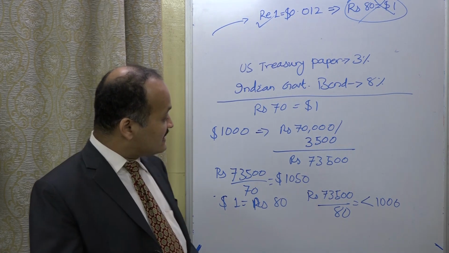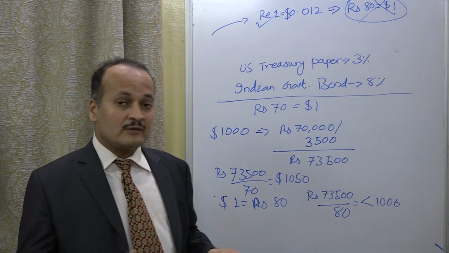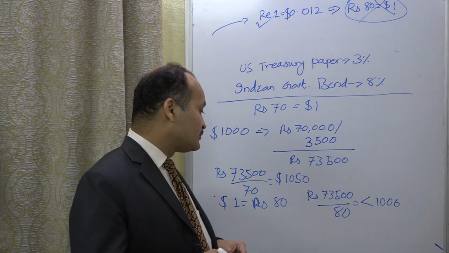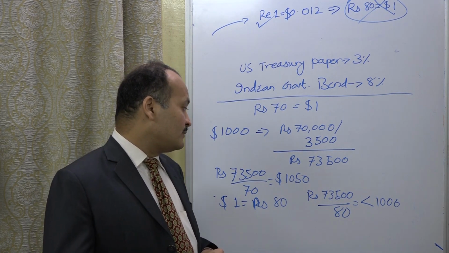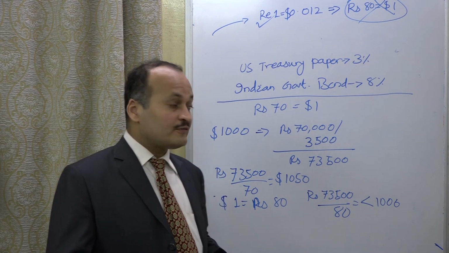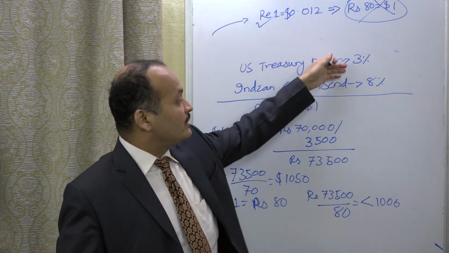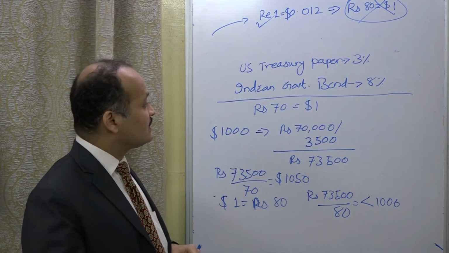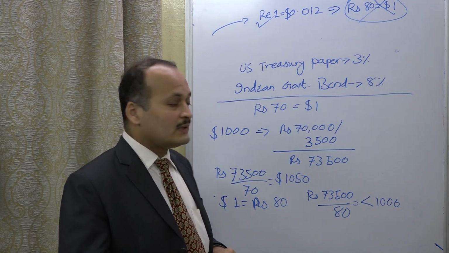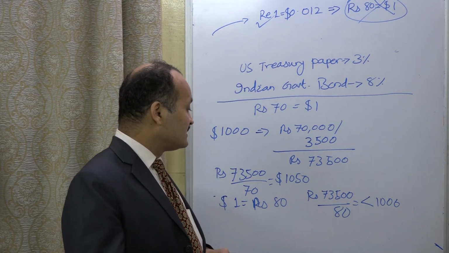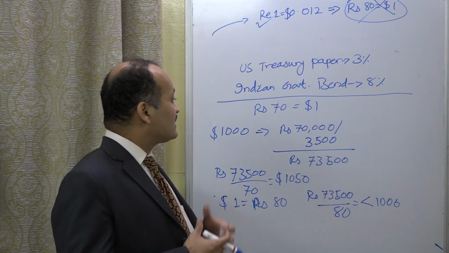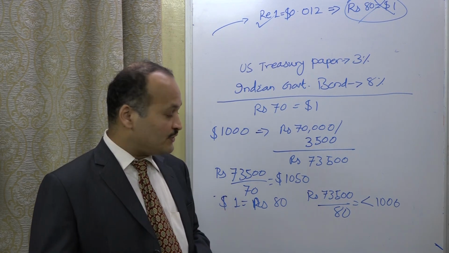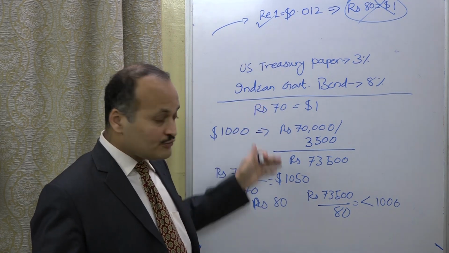So often it is said that FIIs are not very much lured by the interest rate differential of 3 to 8%, meaning a 5% interest rate differential between India and US, but rather they are also very particular about what is going to happen to the exchange rate, because they are facing an exchange rate risk.